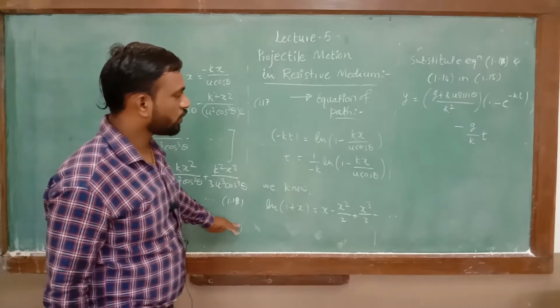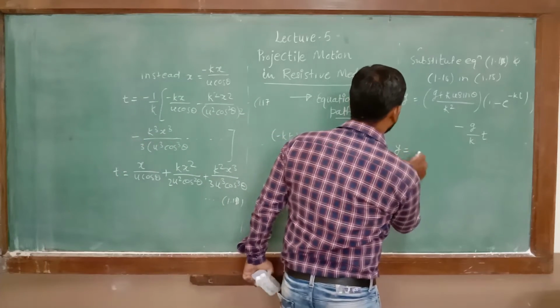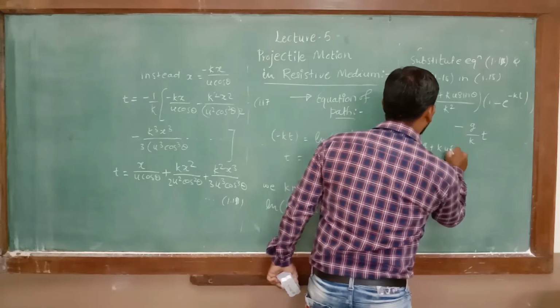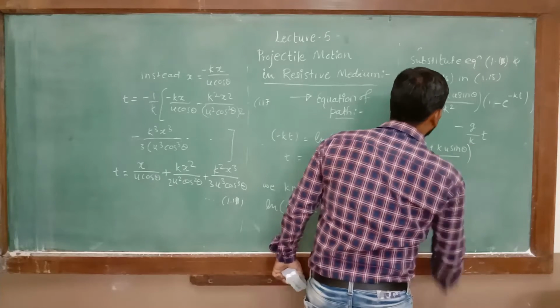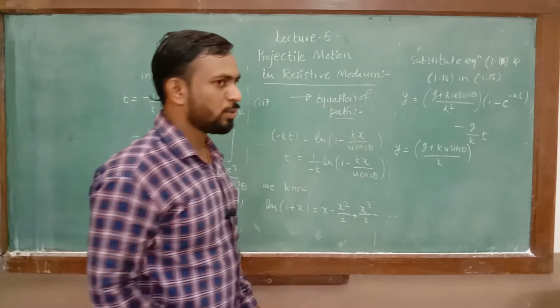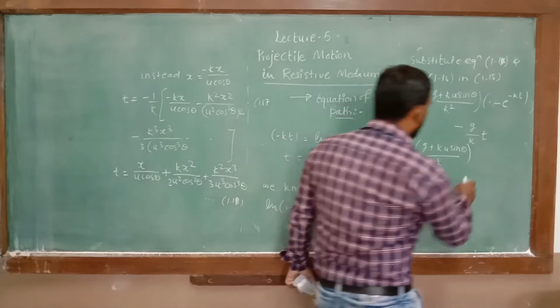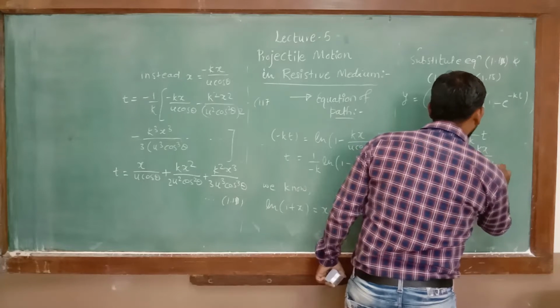So resubstitute those values in this equation, we will get y is equal to (g plus ku sin theta) as it is upon k square. So instead of 1 minus e to the power minus kt, we have kx upon u cos theta.